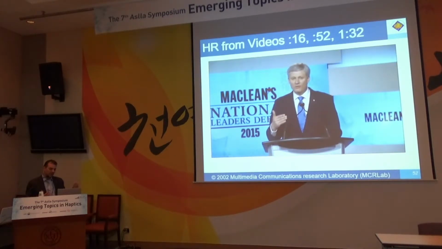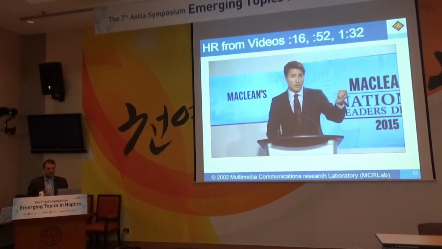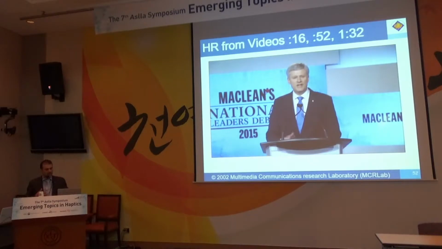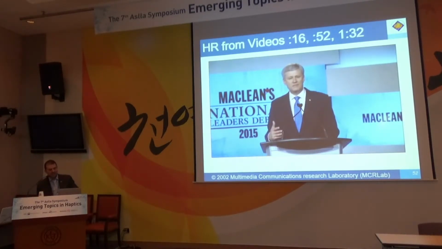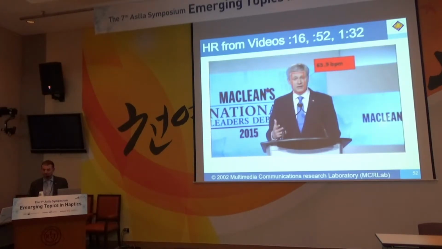Now, when our actual Prime Minister, who was his counter candidate at that time, started attacking him, Mr. Harper started getting nervous, and this was basically one of the worst debates that Mr. Harper had. He started using his hands, so from psychology we know that he was a bit nervous, and through visual extraction of the heart rate and the emotion, we know that he was at 65 beats per minute.